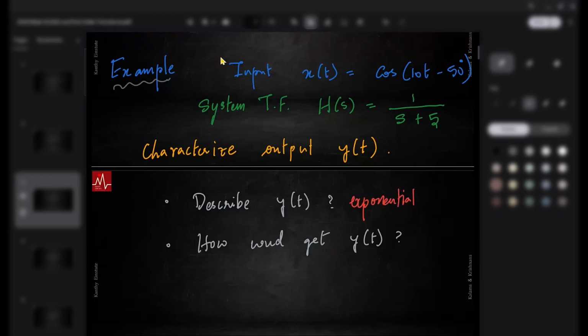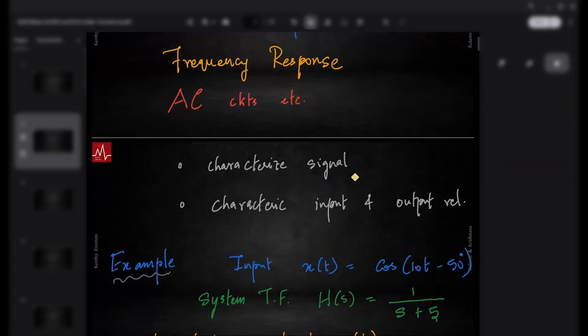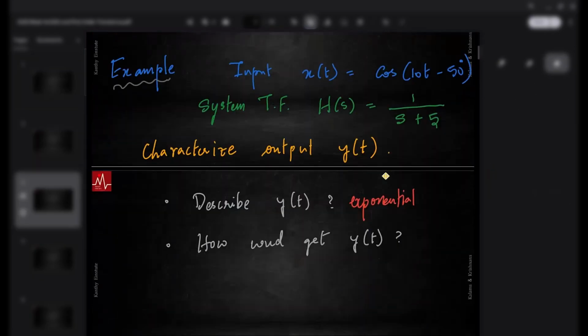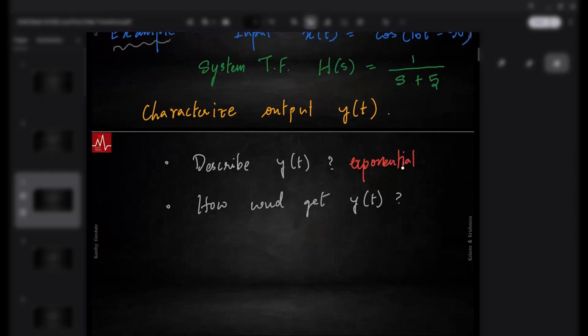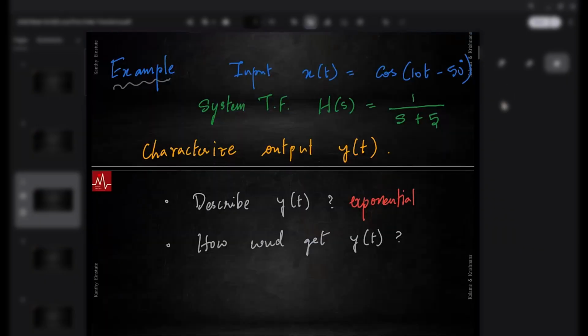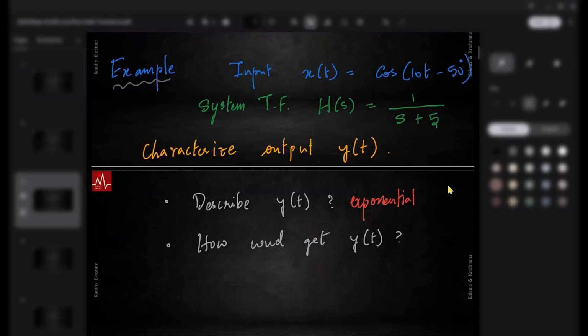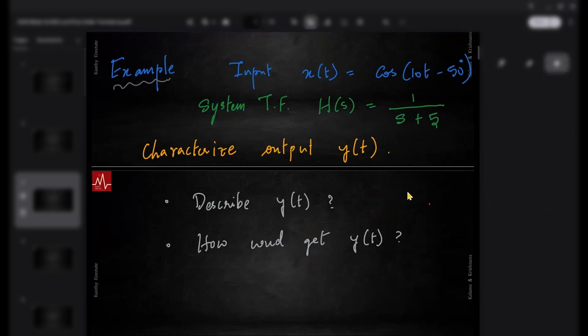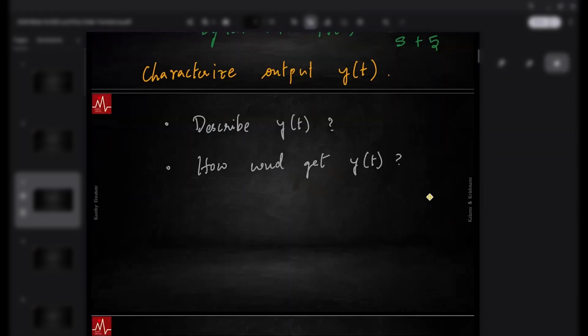See, again, when things are put into this abstract form, when I say you can characterize frequency response, input output, it doesn't make sense. But at least if you take a simple example like this, things make better sense. So this is not going to be exponential.